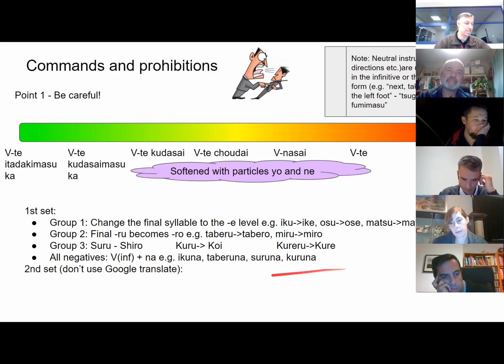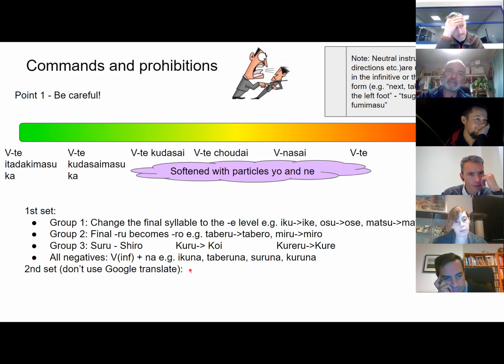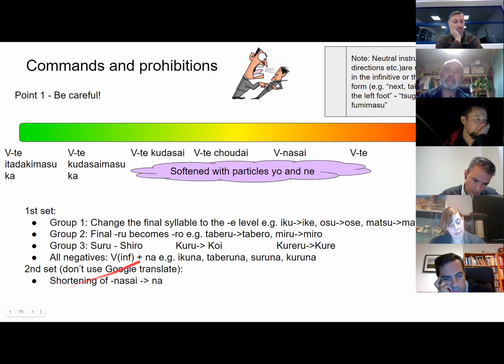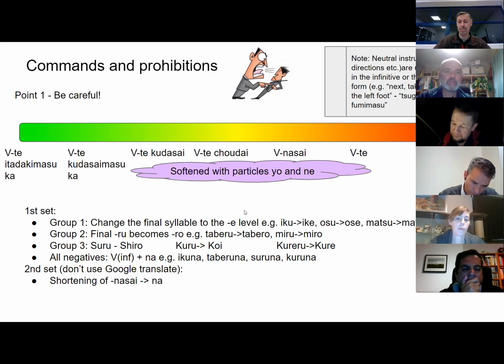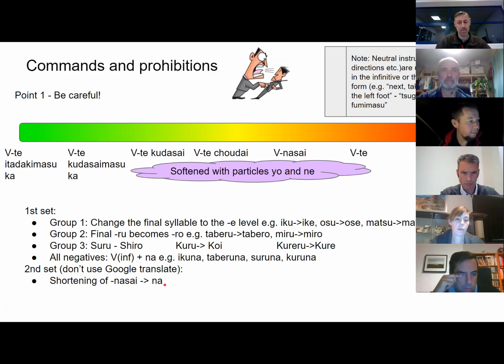For the second set, don't rely on Google Translate for this, because Google Translate happens to get this wrong. But if we look up here, we've got this verb nasai. So we've got things like ikinasai, tabenasai, shinasai, kinasai. This can actually be shortened into a positive command by, instead of saying nasai, just saying na, which is confusing because just two lines above it, we've got something similar sounding to say don't do this.